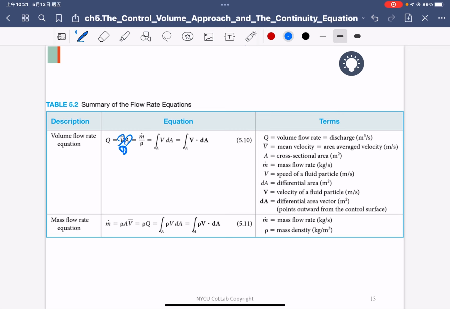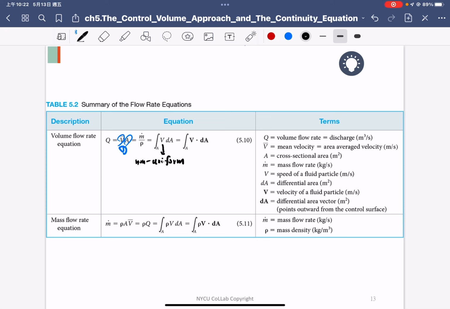The second case is if you don't know it, and the velocity here is non-uniform flow. Because it's non-uniform, we need to use integration to find the discharge.